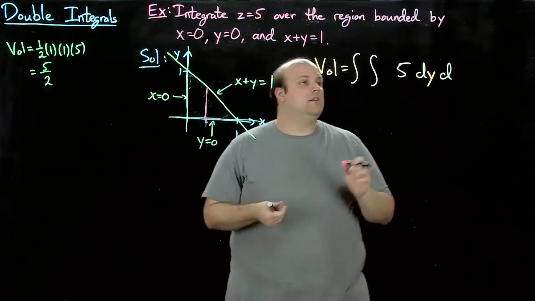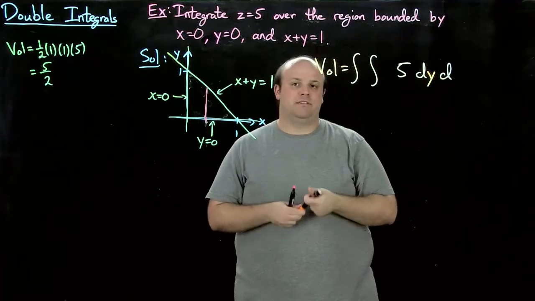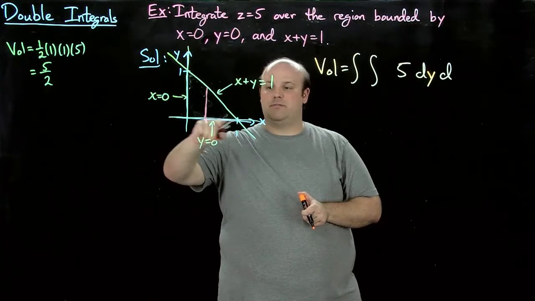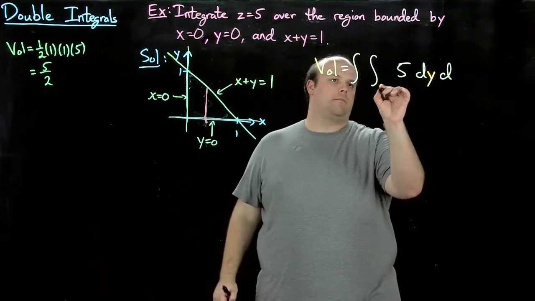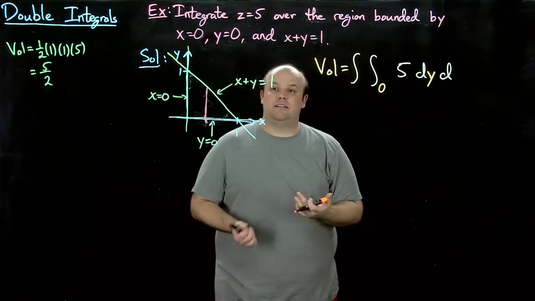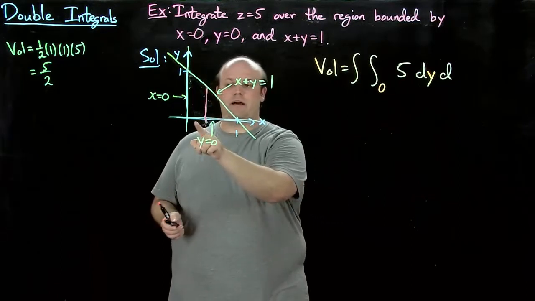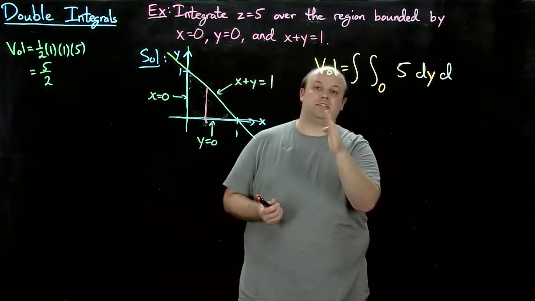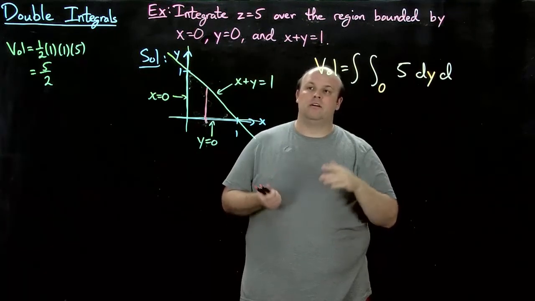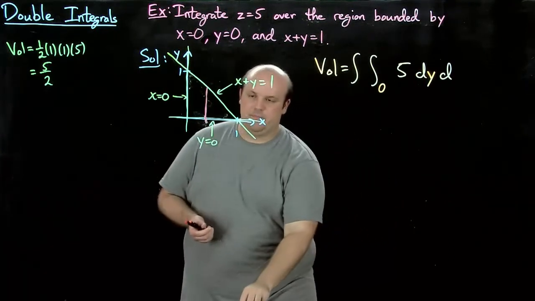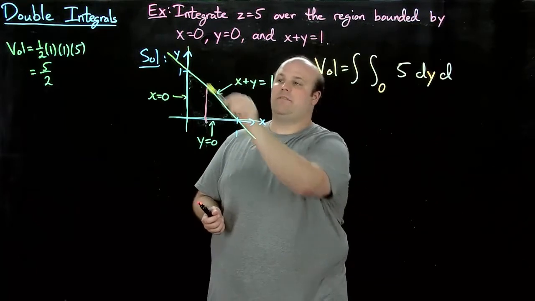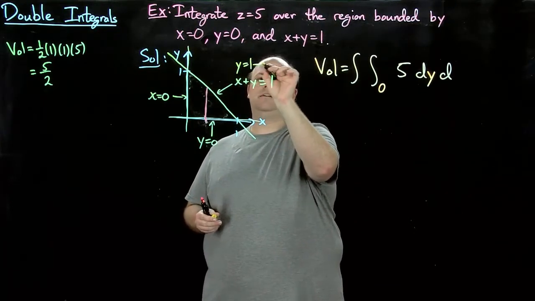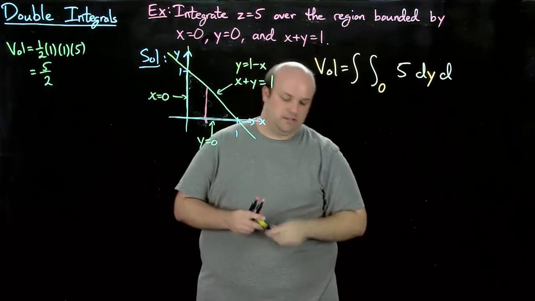So how do we set up the bounds? Well, the bottom one's pretty easy: y is always 0 down here. But at the top, it really depends on where that x value is. Y will change with respect to that x value. Here we have an equation for that line, and solving it for y gives y equals 1 minus x.